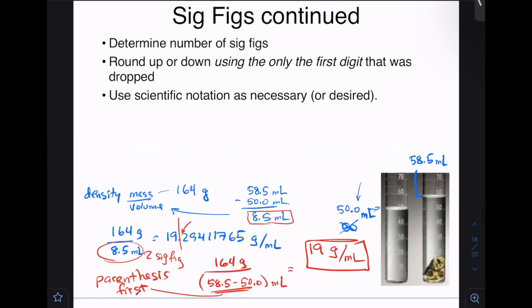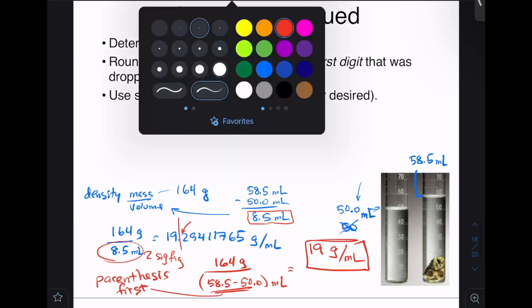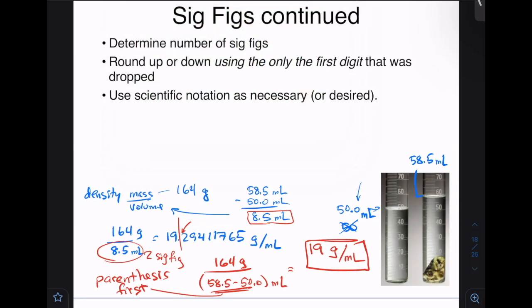Okay. Now, one final note on this topic. I mentioned scientific notation. We'll talk more about that probably when we get there in lab, so I don't want to spend too much time on that now. But scientific notation is a really good way to emphasize what's significant and what's not, instead of having to remember all these rules. In scientific notation, you have some number.